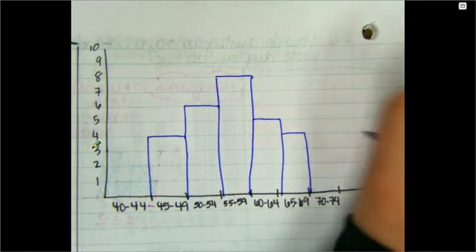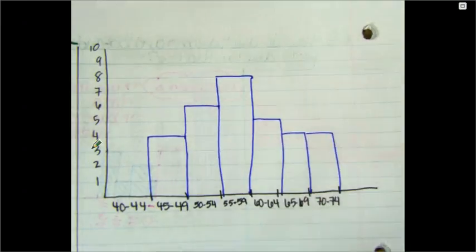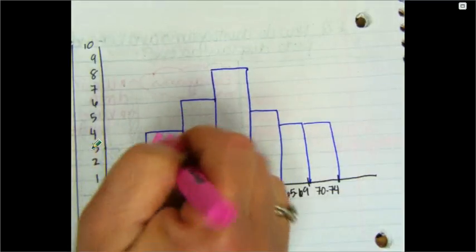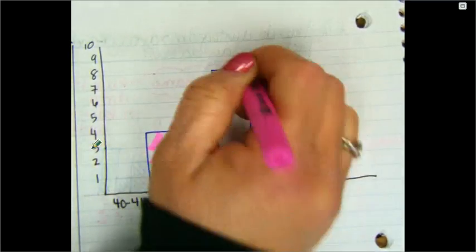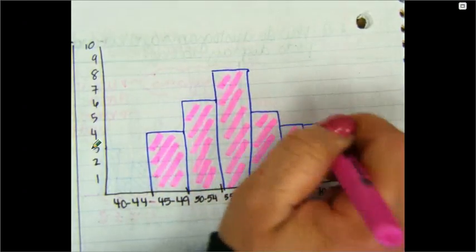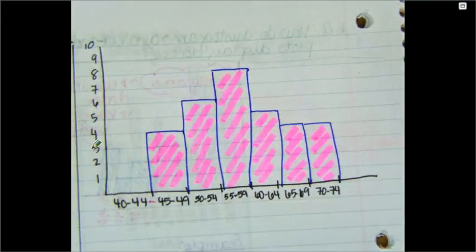And 70 to 74, 4. Okay? Question? Alright.